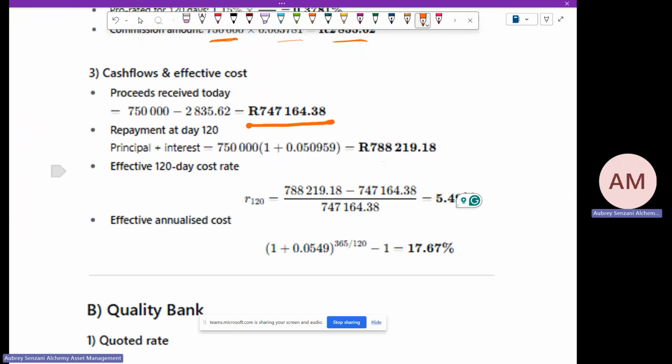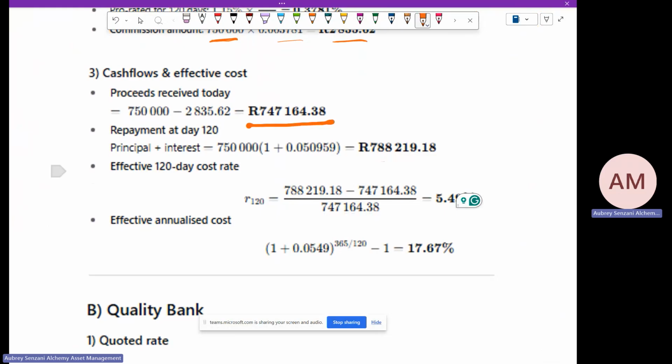All right, so that now is the proceeds that we're receiving today. Now the repayment, in other words, the interest that we're then paying. Remember, this is what we calculated as our interest rate for 120 days.